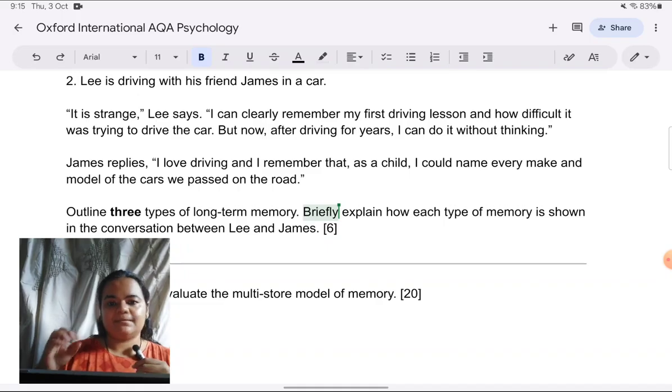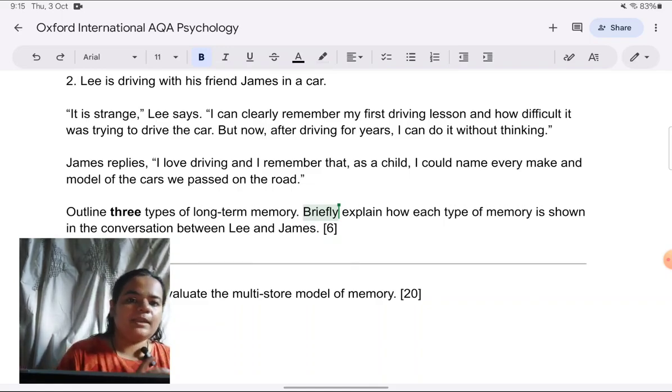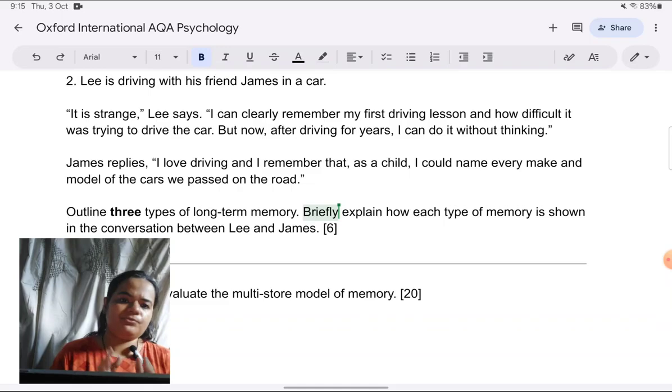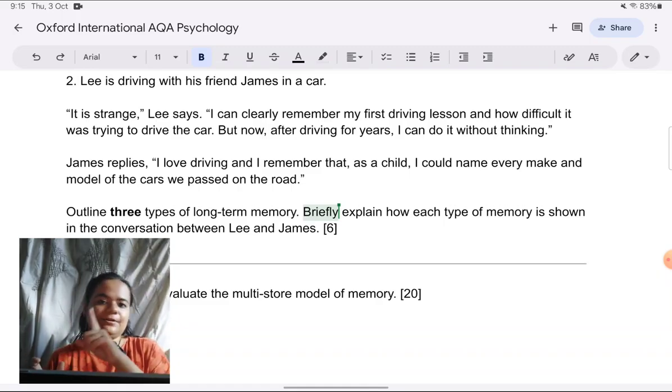Also, some students tell me, do we need to break into paragraphs? Like the first paragraph should only comprise of AO1 points and the second paragraph should have only AO2 points. There is no such hard and fast rule. Your writing style is up to you. If you prefer doing that, you do it that way. But how I prefer to apply it is, once I have named and defined one memory, immediately that particular memory I would like to show where it is in the scenario.